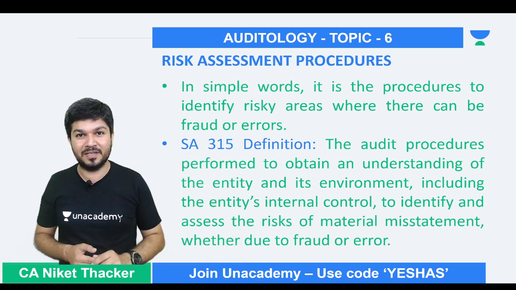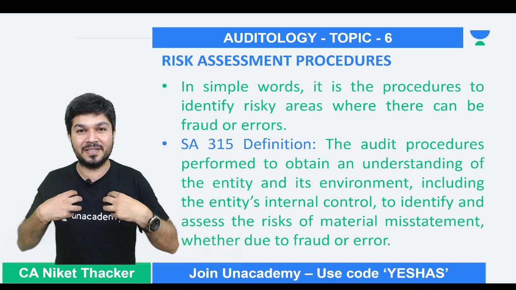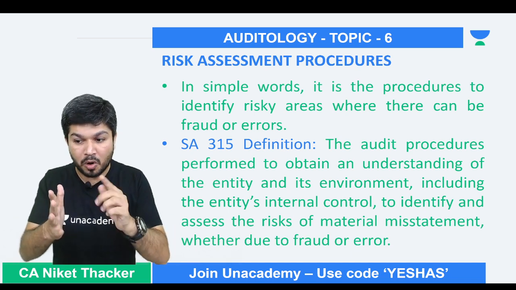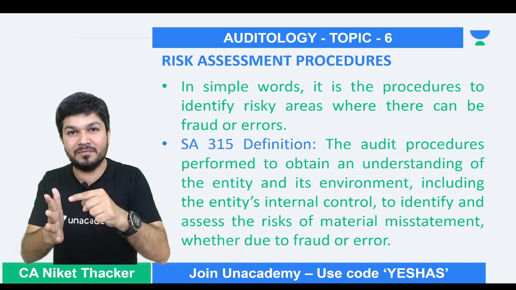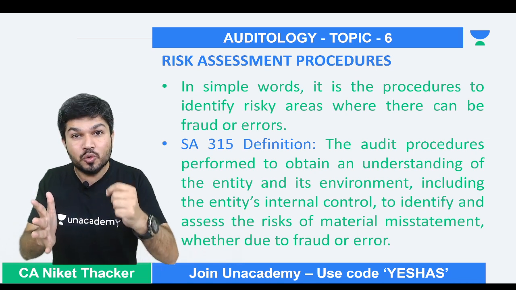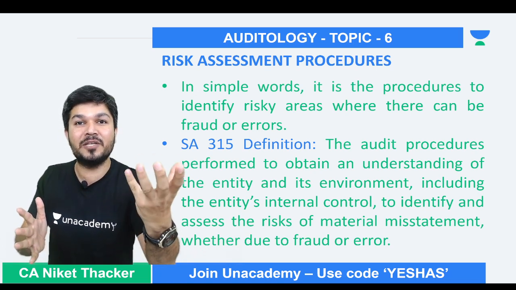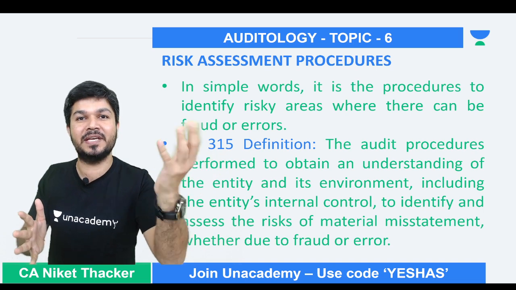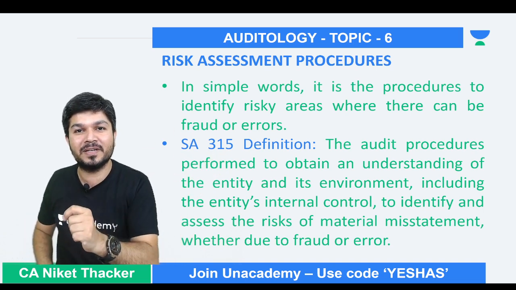I hope you're clear. The simple words, it's just the procedure which you do to obtain understanding of entity, environment, internal control. Why? To identify and evaluate the risk of material misstatement, risky area, whether due to fraud or error.